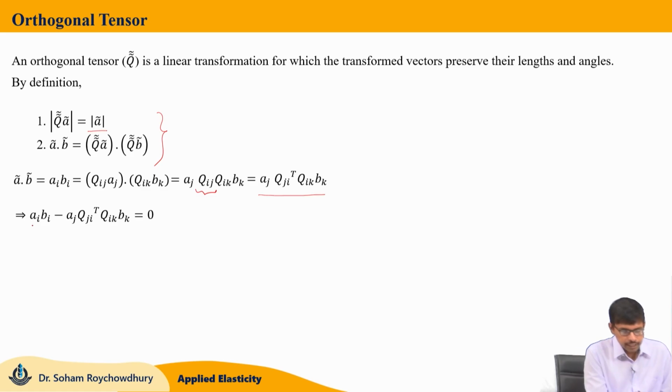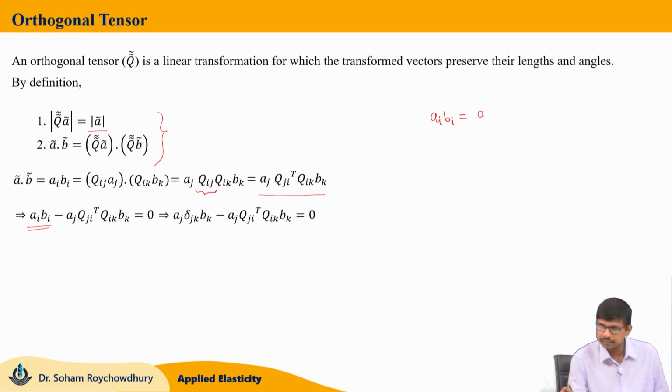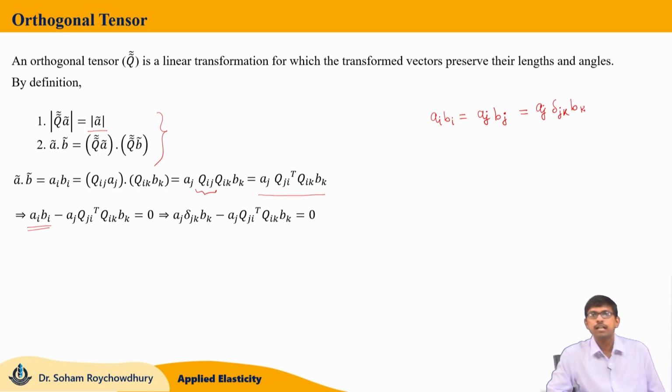Now, in the first term, A_i B_i can be written as A_j B_j, because i and j are both dummy indices. This can also be written as A_j delta_jk B_k with the help of a Kronecker delta, where j and k are identical. So, the first term is written as A_j delta_kj B_k, minus the second term, which remains as it is.